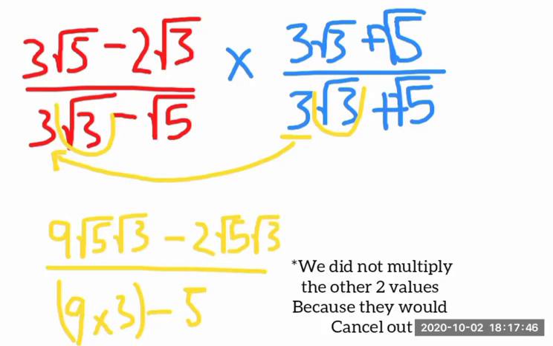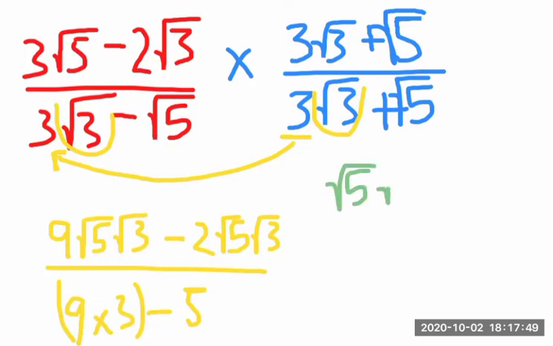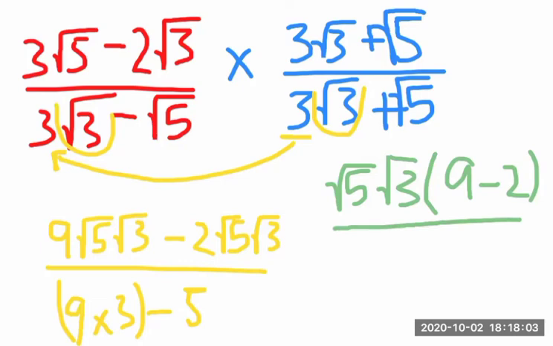What does that become? Let's take under root 5 under root 3 common here. That becomes 9 minus 2, and the denominator becomes 9 times 3, 27, minus 5, which is 22. So 9 minus 2 becomes 7, and you multiply it by under root 5 and under root 3.